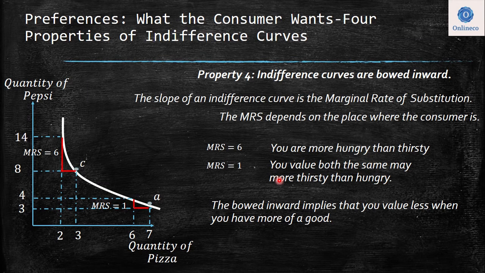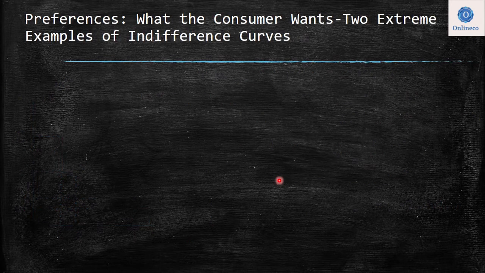This is one of the characteristics of the diminishing marginal rate, right? Because when you eat more or drink more, the additional consumption automatically represents less satisfaction.